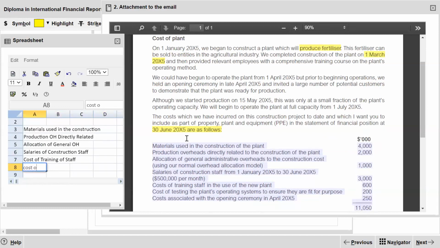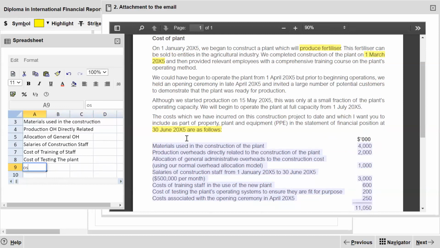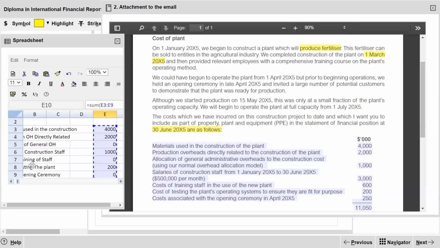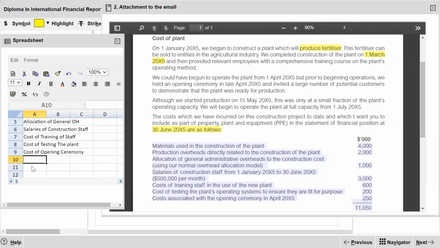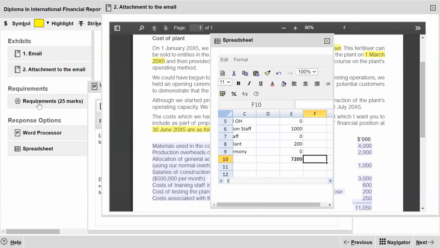The cost of testing the plant will be capitalized, 200. The cost of the opening ceremony need not be capitalized, so again it's 0. So the total amount that needs to be capitalized is 7,200.